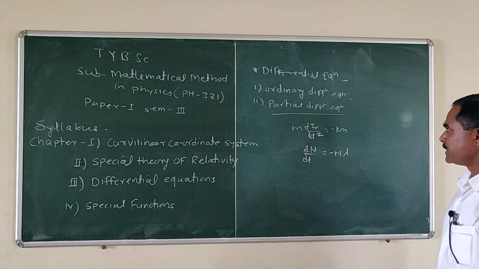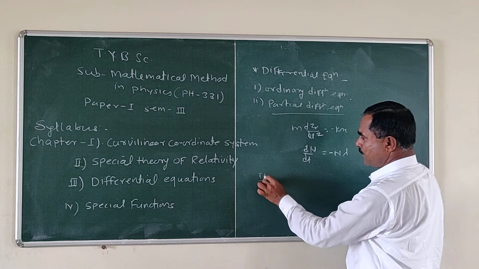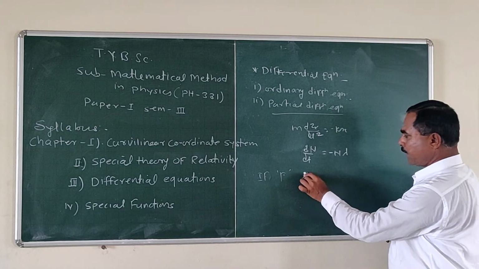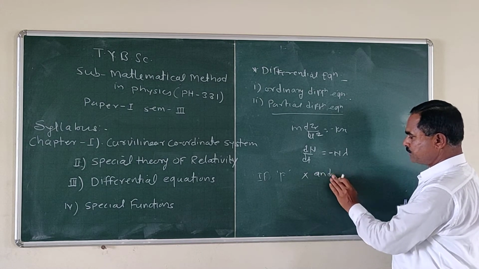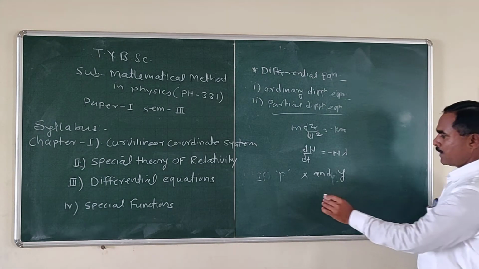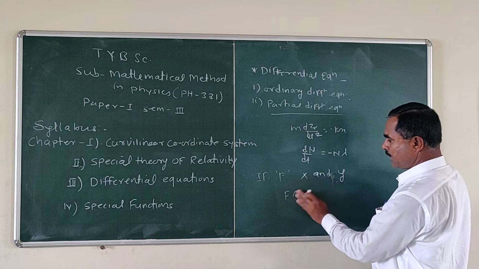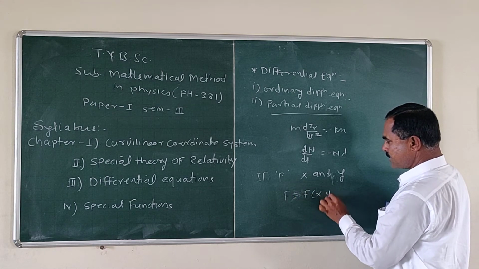The example of this equation: we consider that f is a function of 2 independent variables x and y, so f equal to f of x, y.